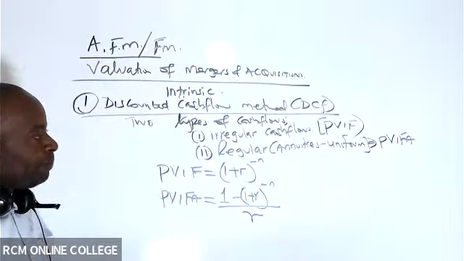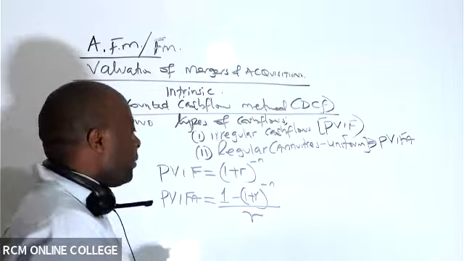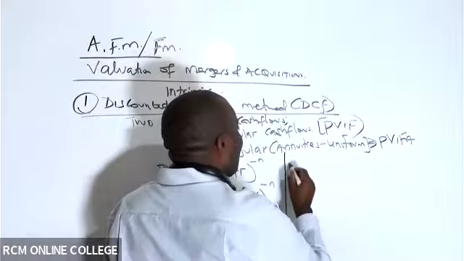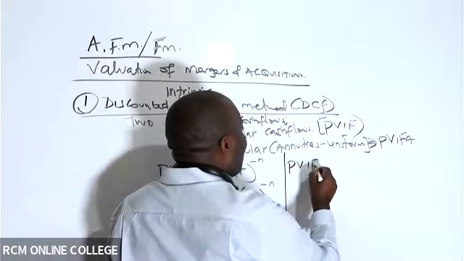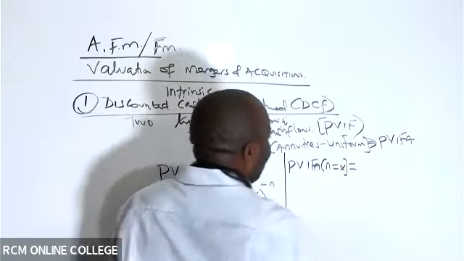Of course, it cannot go without mentioning something very important. What about a situation where we want to get PVIFA, but this time n is infinity?